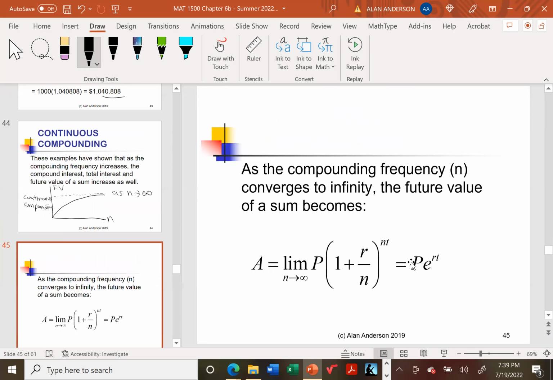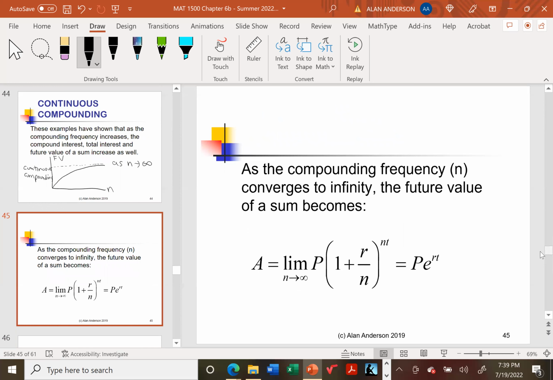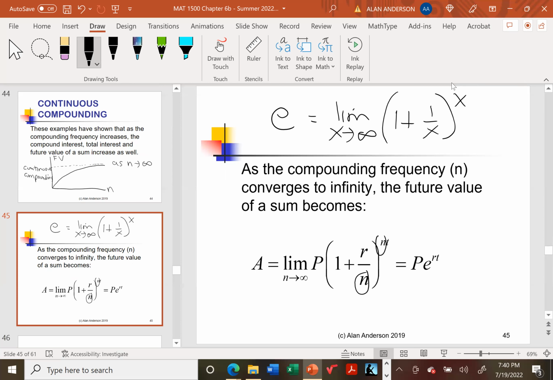And the formula for that is simply P e to the rt. See, what happened here, we took the limit as n goes to infinity, and that's because e itself can be defined as the limit as x goes to infinity of (1 + 1/x)^x.